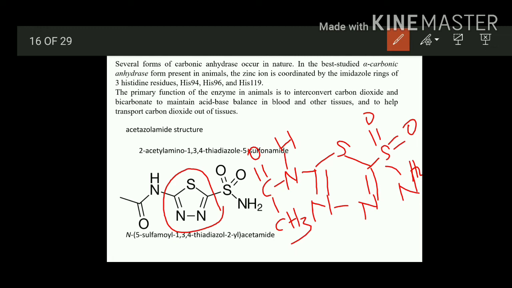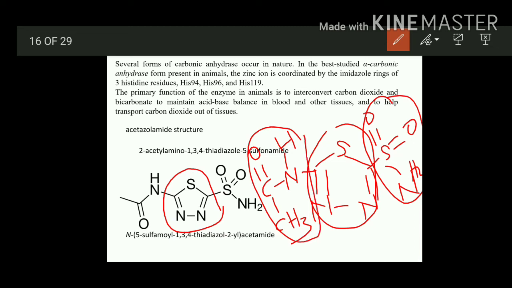This is the entire structure: the basic molecule, then the side chain, then the functional group acetylamino. So it is 2-acetylamino-1,3,4-thiadiazole-5-sulfonamide. This is about the entire numbering, 1, 2, 3, 4 and 5.